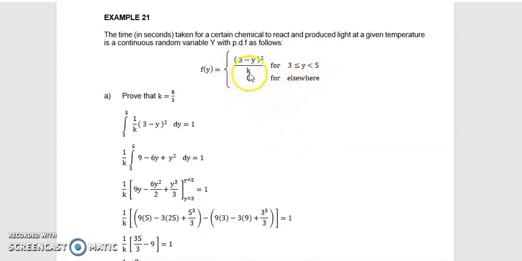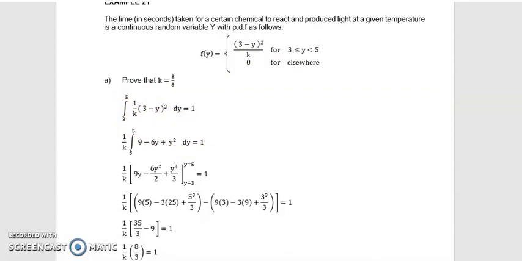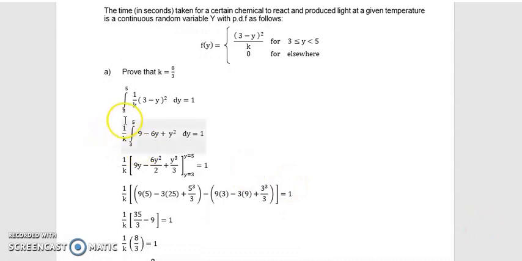Since k is a constant, you can take it out as 1 over k, which eases the integration part. So the solution is the integral from 3 to 5 of 1 over k times (3 minus y) squared dy equal to 1.